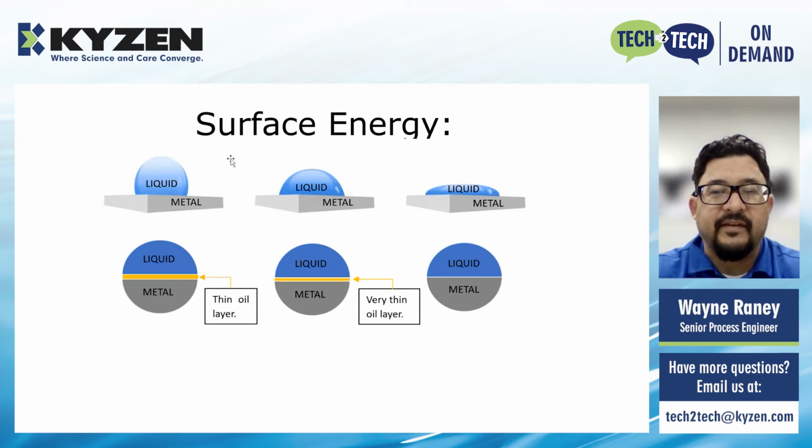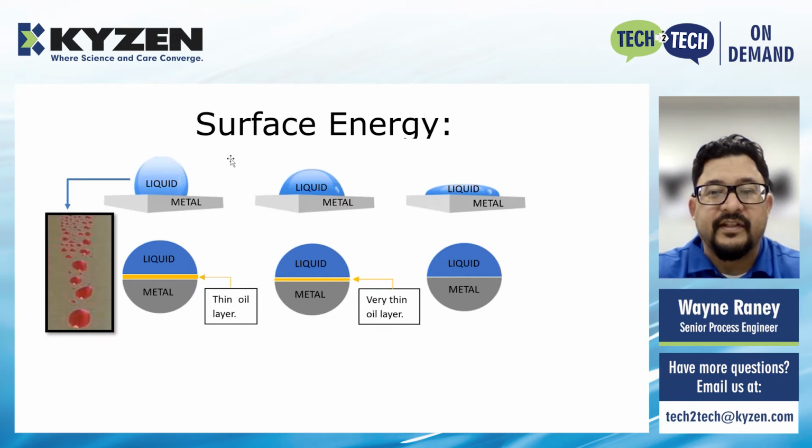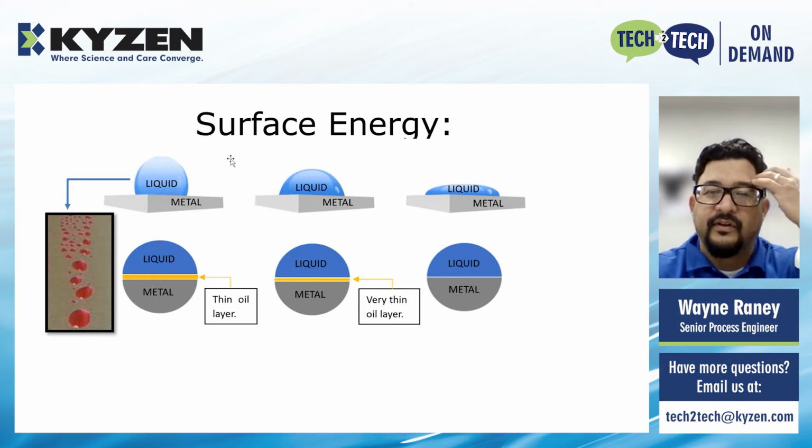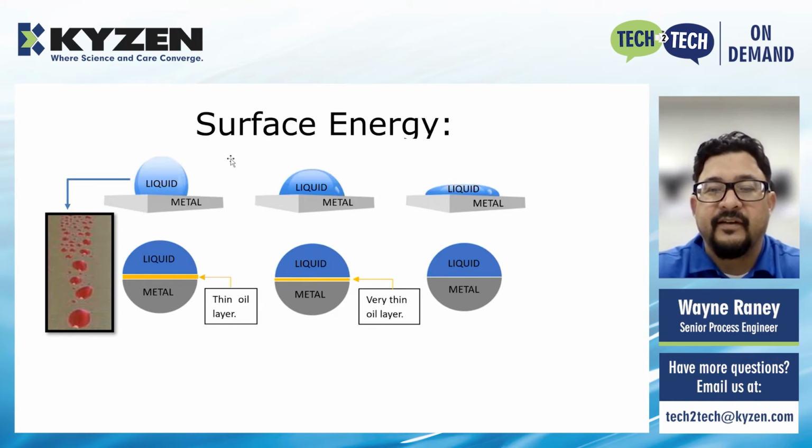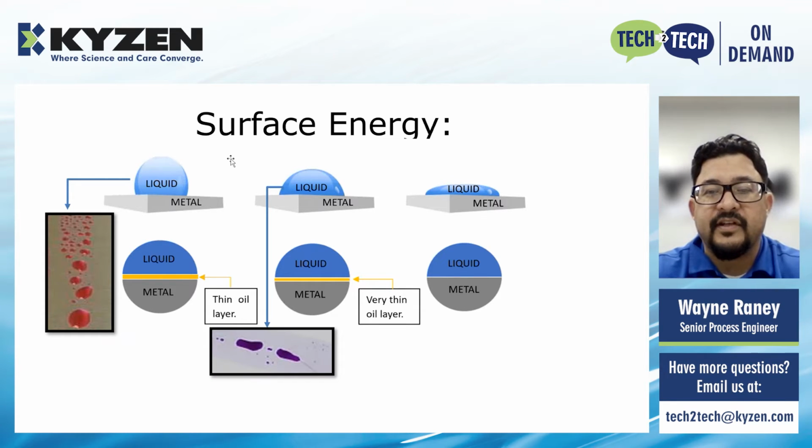Here we can observe the behavior of the ink during the testing. In the first example on the left, we can see that there is a light layer of oil on the surface of our part. After the test, this indicates that the surface is contaminated, and the surface energy of the piece is less than the surface energy of the ink. In the second example, we can see that there is a very light layer of oil on the surface of the metal.